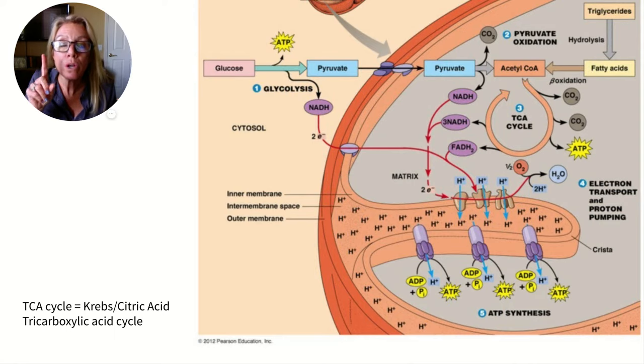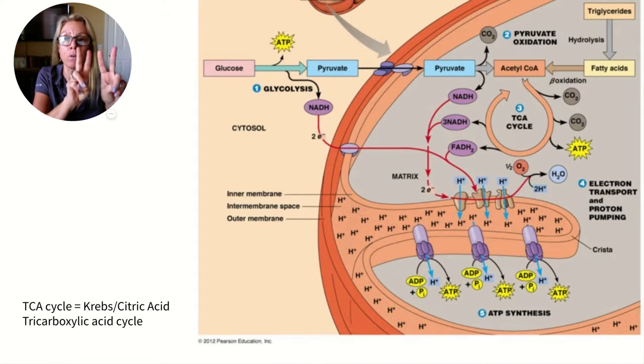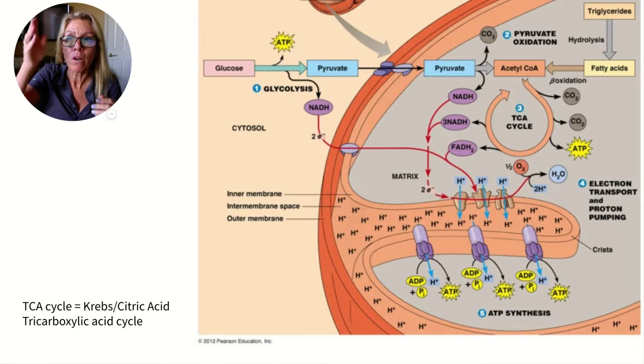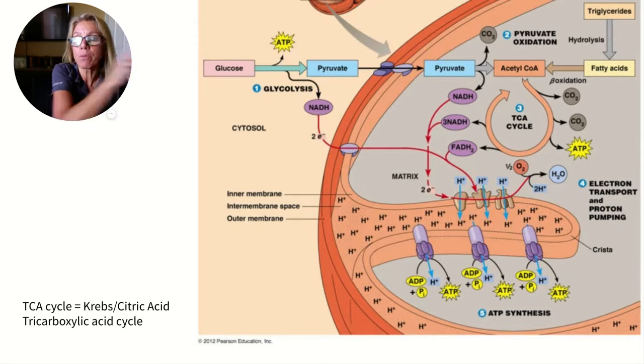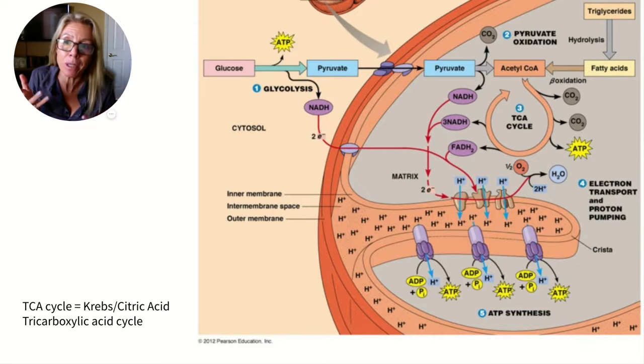Ready? Glucose gets broken in half. You have 2 pyruvic acids, and each of those gets converted to an acetyl-CoA, 2 acetyl-CoAs total. Fats, if you recall, are 1 glycerol and 3 long fatty acid chains that could be anywhere between 16 and 18 carbons long. Let's say it's 18 carbons long.